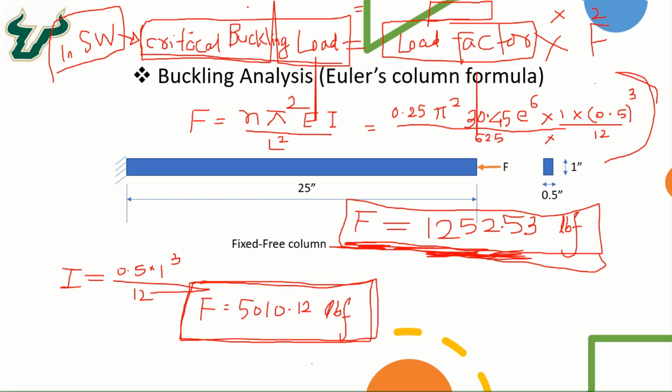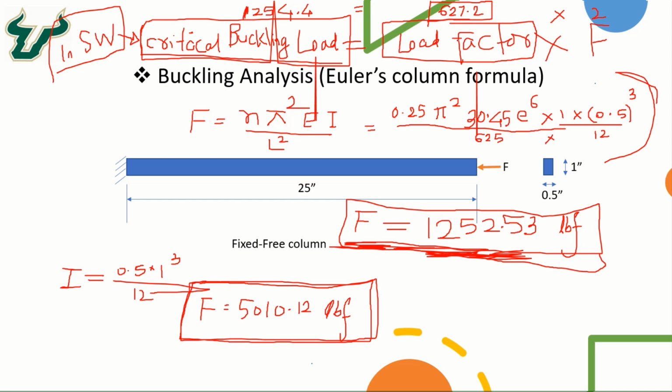So in order to keep this critical buckling load as 1254.4, SolidWorks will calculate the load factor as 1254.4 divided by 2, which is 627.2.